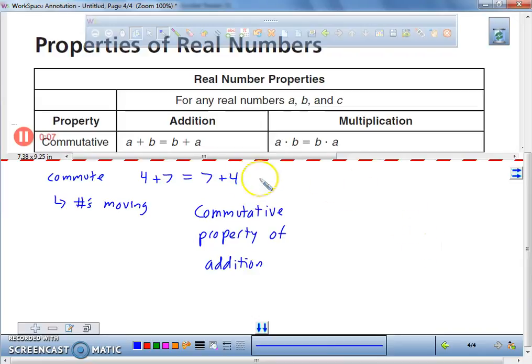Okay? So, I could use two exact same numbers here as an example for multiplication. How would I write that out if you saw that happening? How would you name it? It's not just the commutative property, it's what? Commutative property of multiplication.